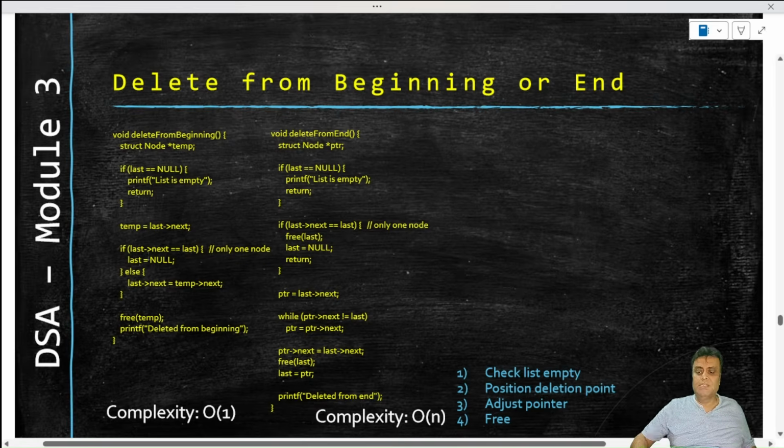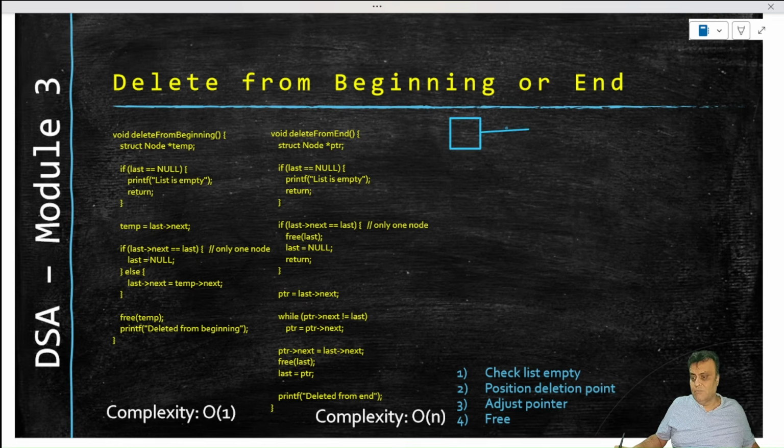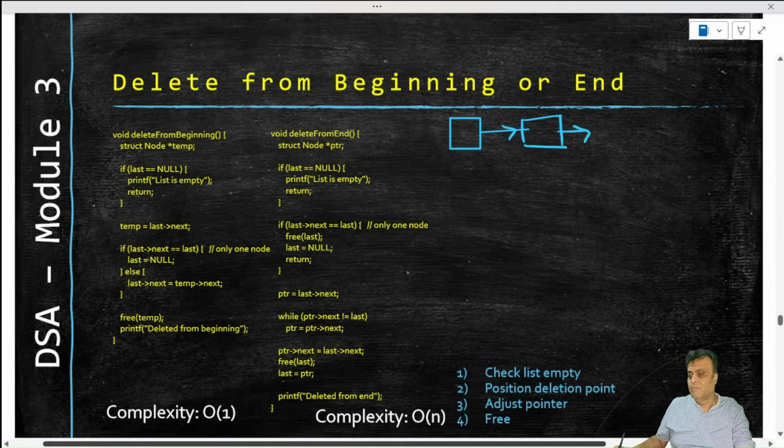So from a deletion standpoint, it's going to be almost the same, rather I would say, as the double linked list. So we have this as, let's say, our list, and we have this as the circular part of it.